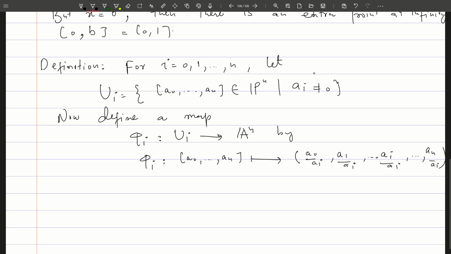This is a vector with n plus 1 entries, so we draw a hat here to mean that this component is omitted.